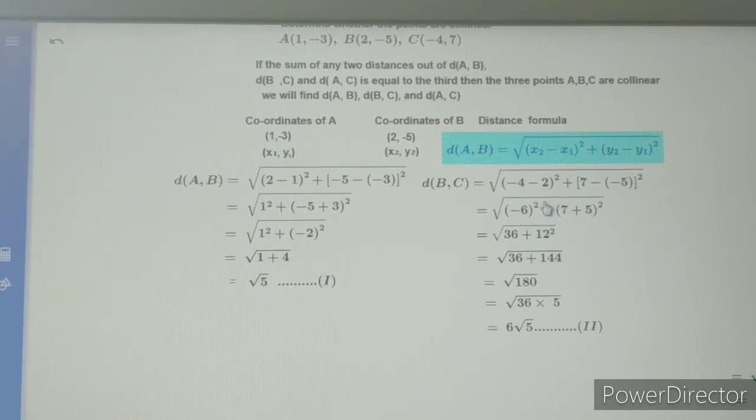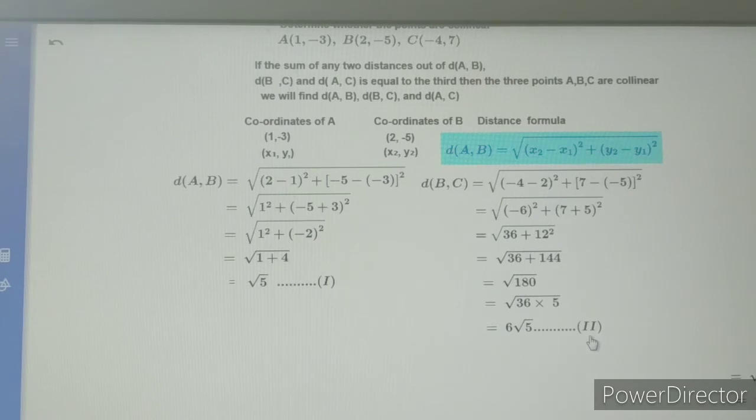So here (-6) square is 36, (7 plus 5) square is equal to 12 square, 36 plus 144, and we get here square root of 180. Factorize 180 in such a manner that one of the factors is a perfect square. So we get 36 into 5 as factors of 180, and thus we get 6 square root 5 because square root 36 is 6. Therefore distance BC is 6 square root 5. Let it be statement 2.